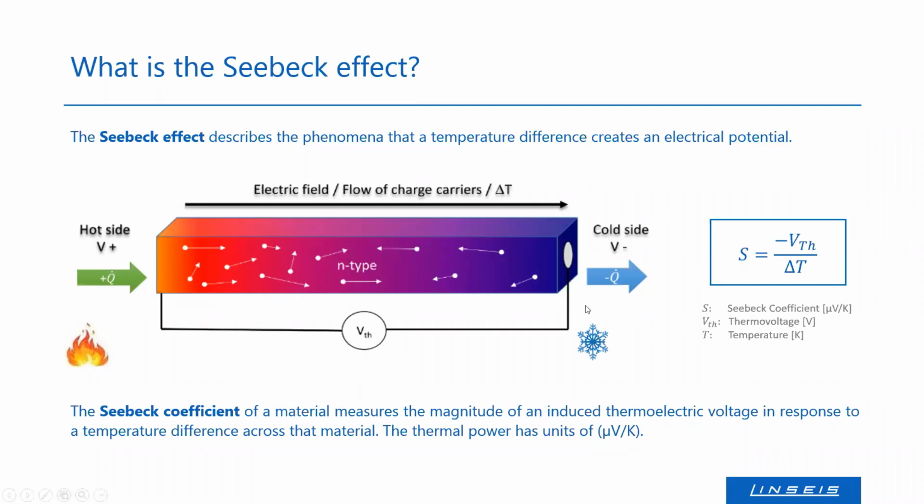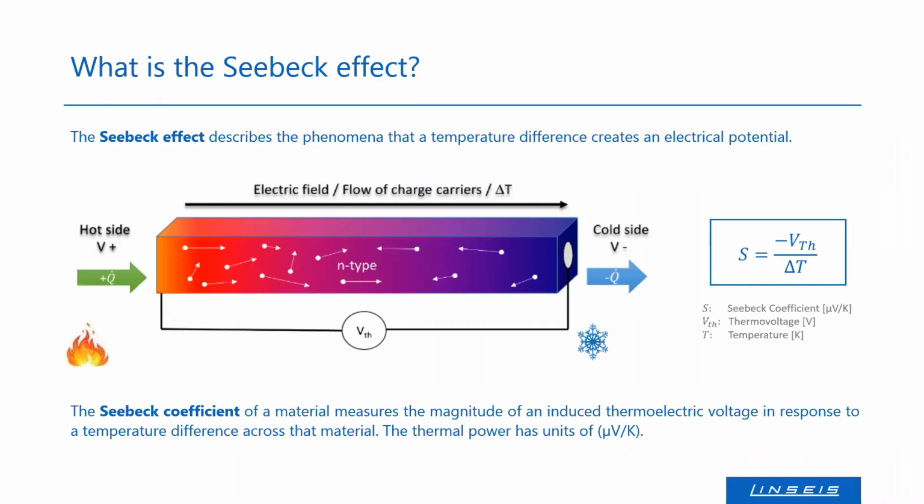Because of the introduced heat on the left side, the hot charge carriers can move. And on average, this means that charge carriers from the hot side diffuse to the cold side until, in consequence, an electric field is built up, which acts against this movement.